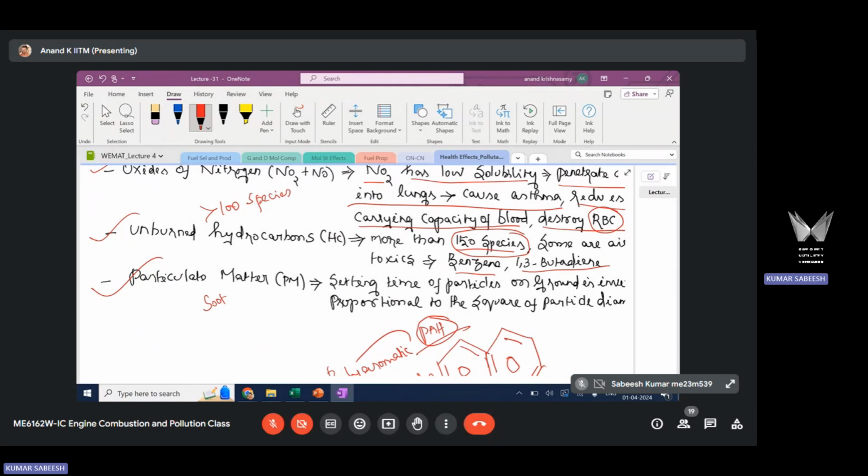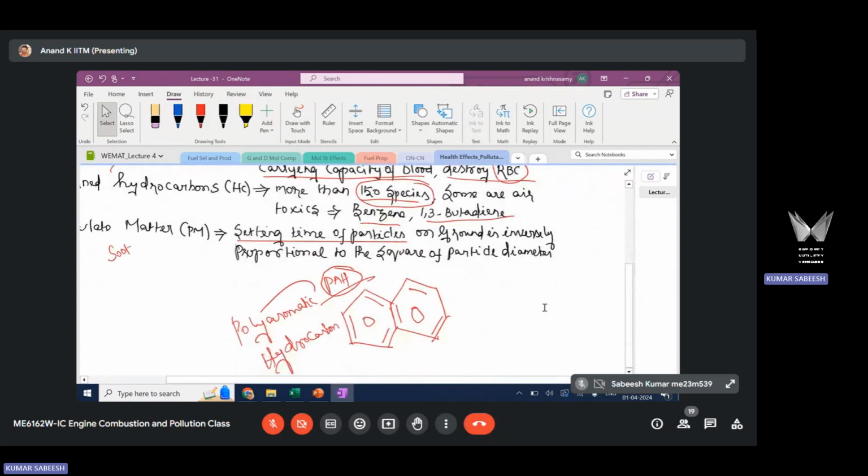You know the settling time of these solid particles is inversely proportional to the diameter. In fact, it's inversely proportional to the square of the diameter.